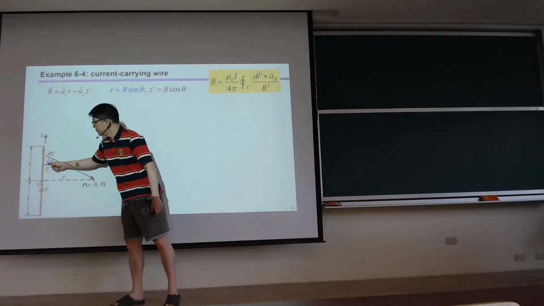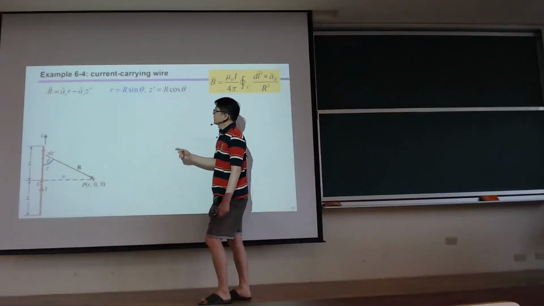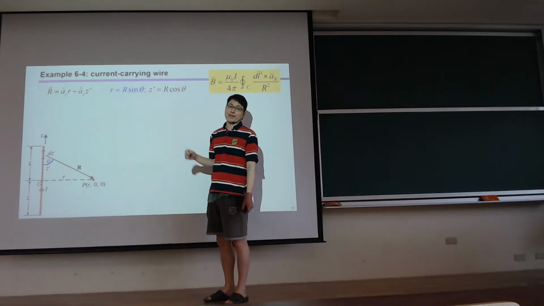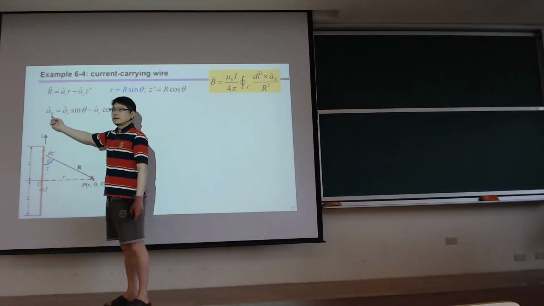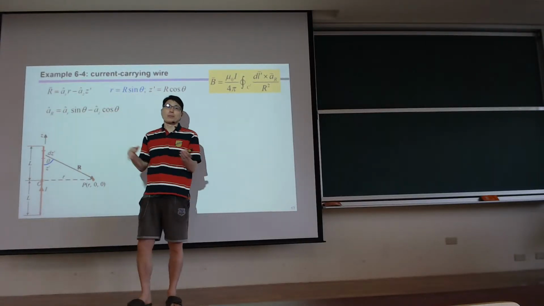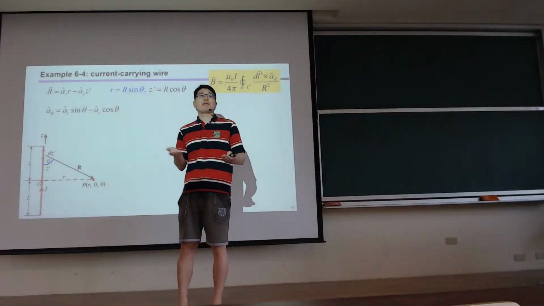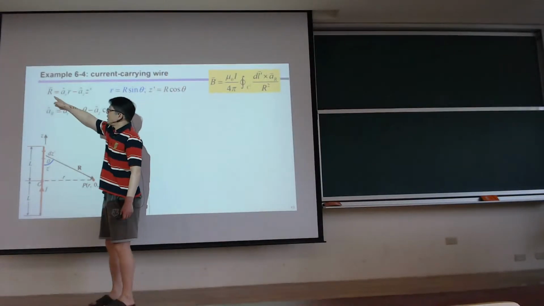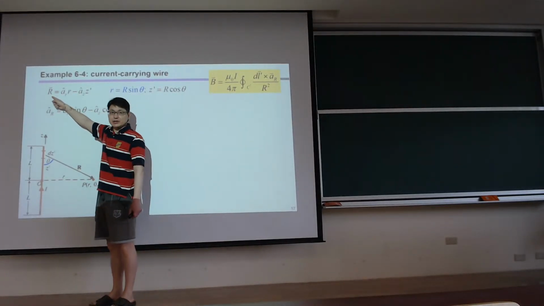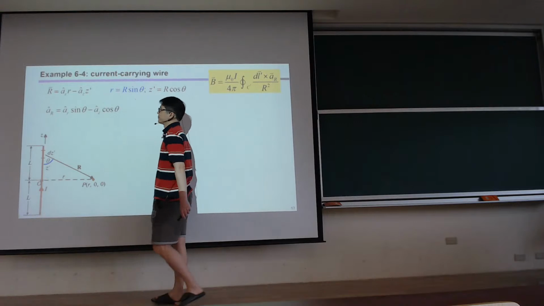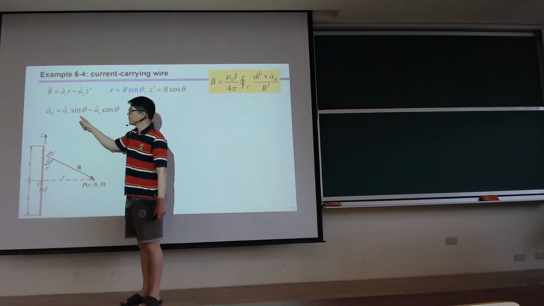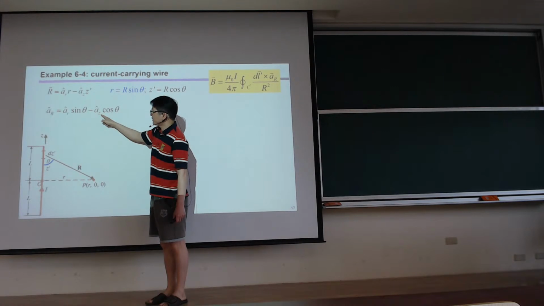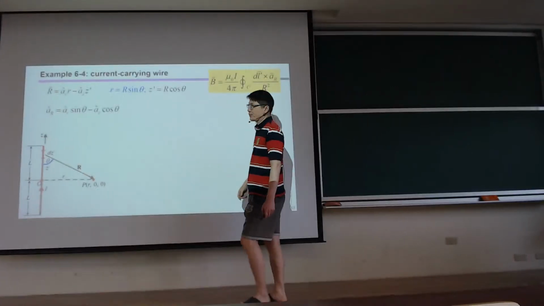Theta is the angle here. And z prime is R cosine theta. So now we can express the unit vector easily by normalizing everything, just divide by R. This R vector divided by its own magnitude becomes the unit vector. So the unit vector is in the r direction, the radial direction, with a magnitude of sine theta, minus the z unit vector times cosine theta.